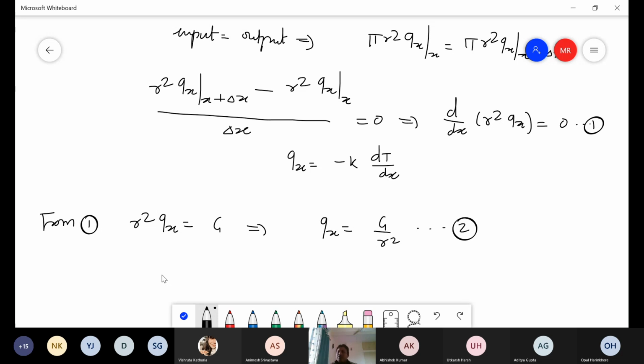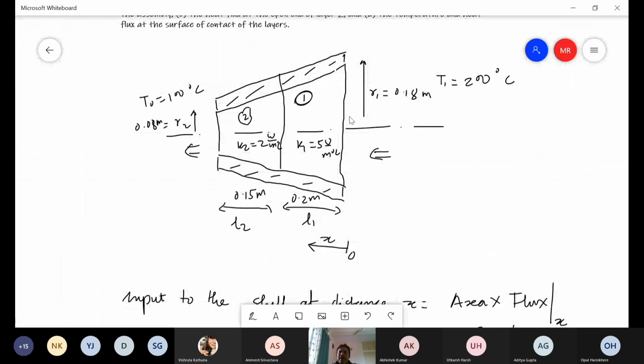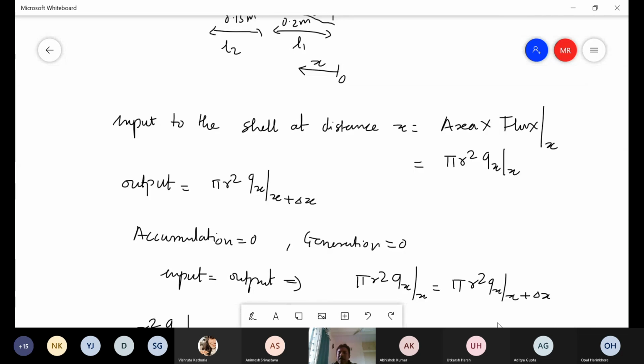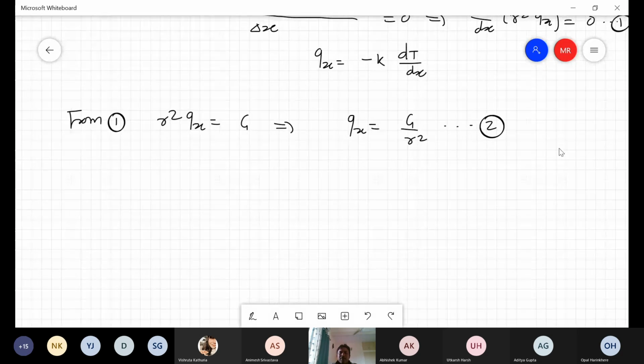So just by looking at the geometry of the system, we can find out how r and x are related. Correct. So the relationship between r and x can be directly obtained from the geometry.